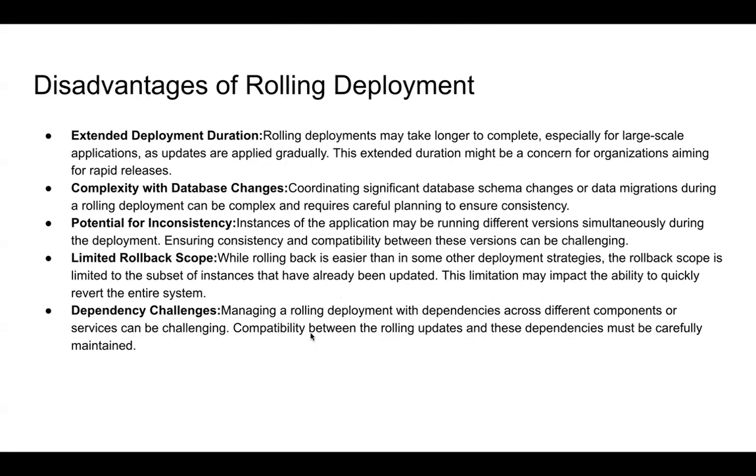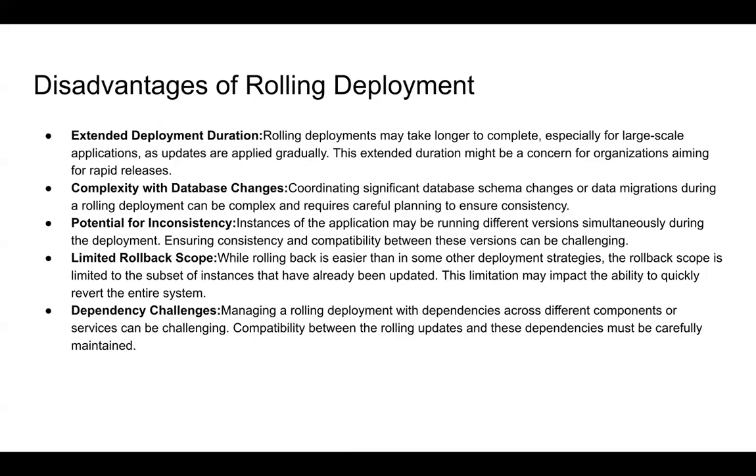Dependency challenges. Managing a rolling deployment with dependencies across different components or services can be challenging. Compatibility between the rolling updates and these dependencies must be carefully maintained. So there might also be inconsistency across dependencies as well.